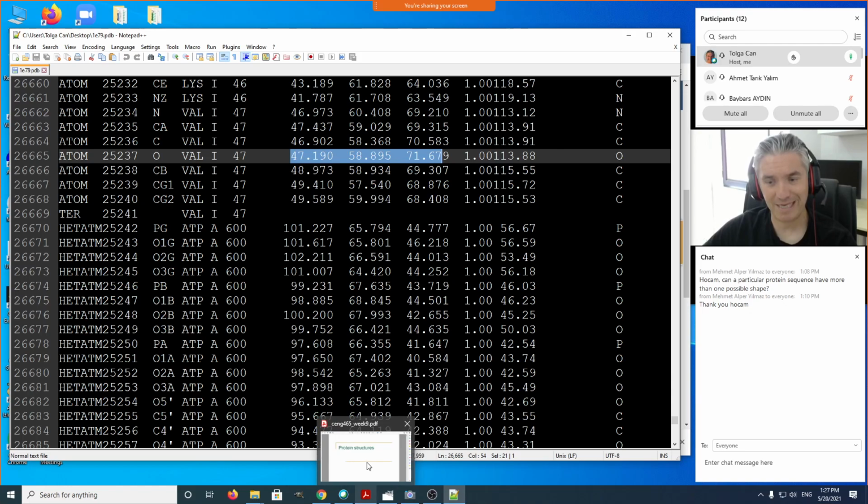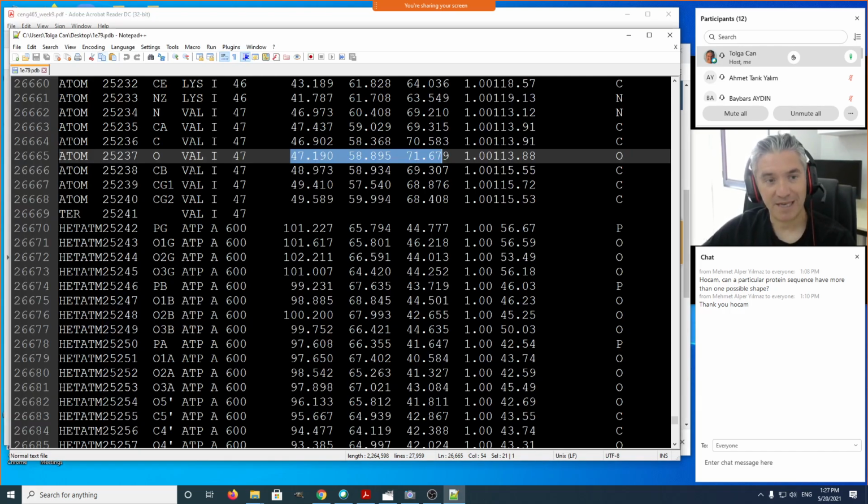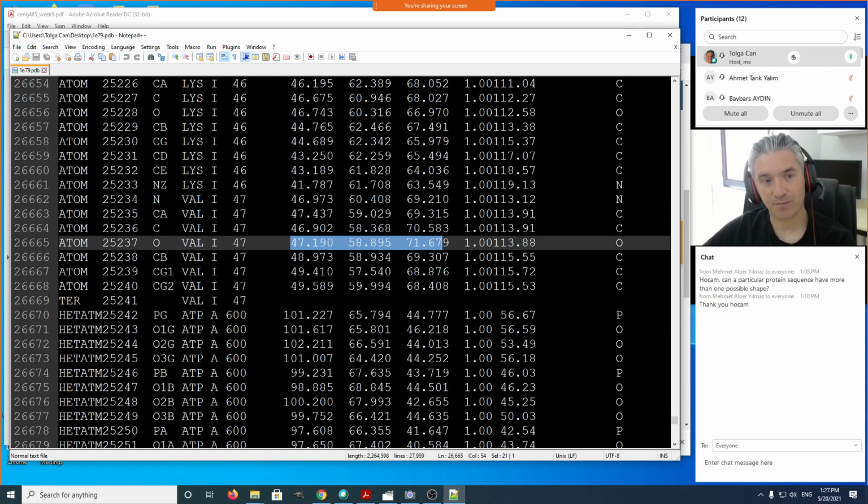Before I end today's lecture, this was just a general introduction to protein structures. I will go over these slides again on Monday. But the computational problems that we're going to talk about for protein structures, there are two main problems we will discuss. First is protein structure prediction. If somebody gives us a protein sequence, how do we predict which three-dimensional shape it's going to have?